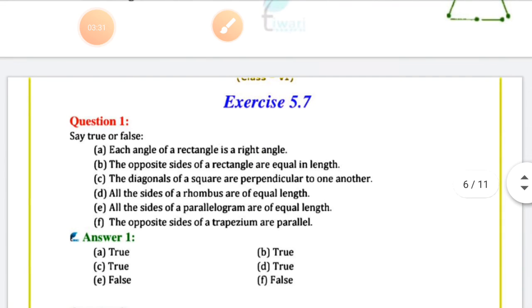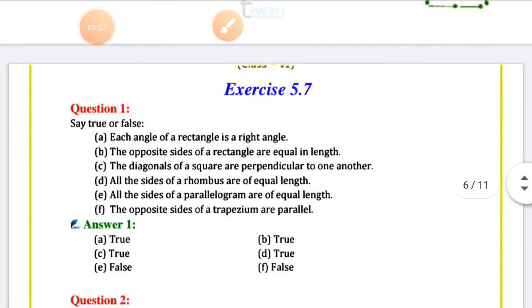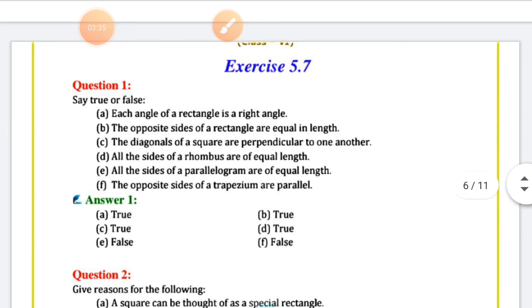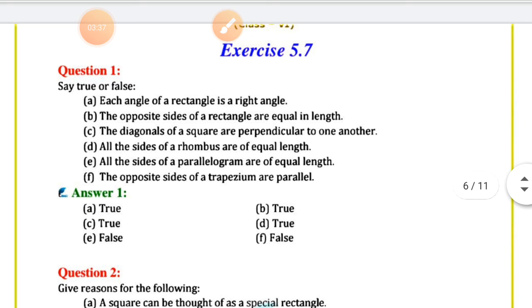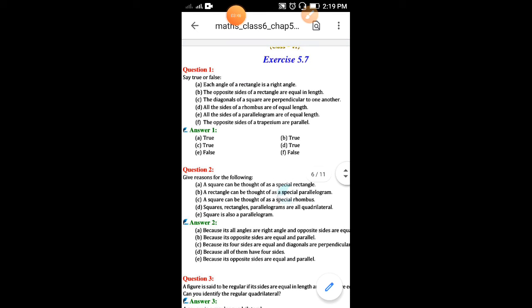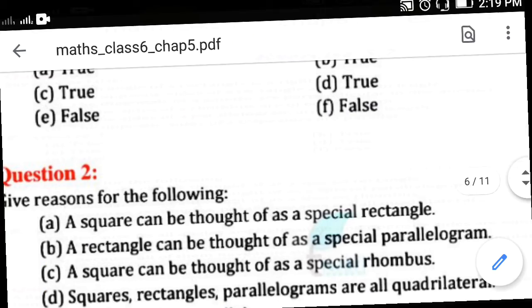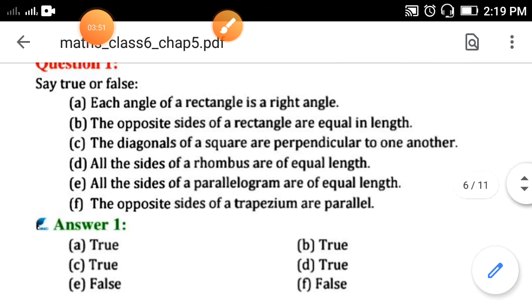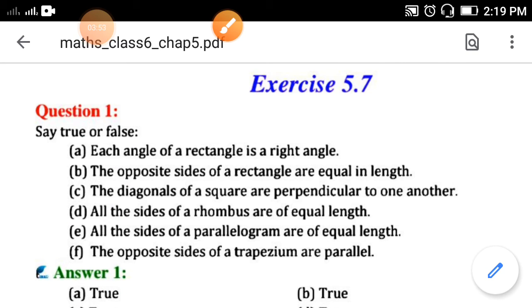Question number 1 of exercise 5.7. True false. First one, each angle of a rectangle is a right angle. A. Each angle of a rectangle is a right angle.